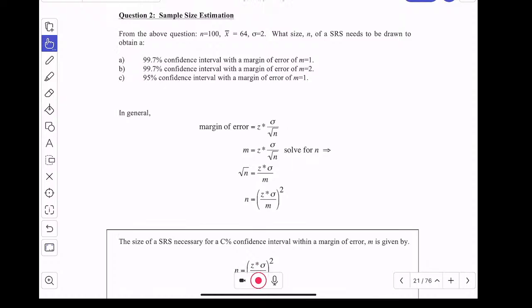So this is the second column of the formula sheet, sample size estimation. Using the information from the above exercise, what size needs to be drawn to attain an estimate of the true mean in a confidence interval that's 99% confident with a margin of error of 1?